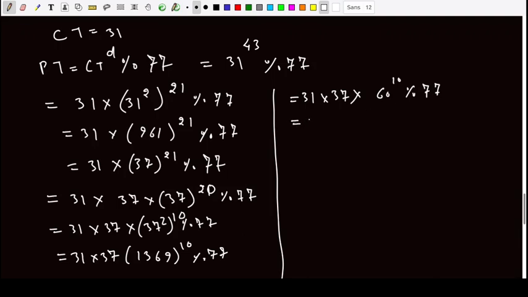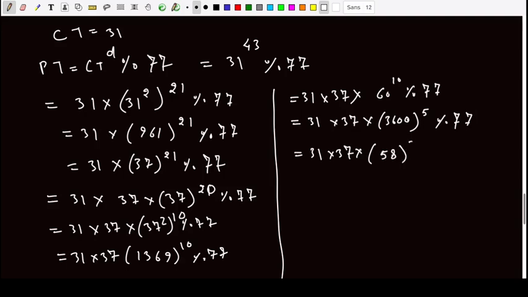Now let's do the same thing again. 31, 37, 60 whole square is 3600, and to the power 5, right? We can write it like this, modulo 77. Now 3600, if you divide it by 77, the remainder will be 58. So 58 to the power 5 modulo 77.